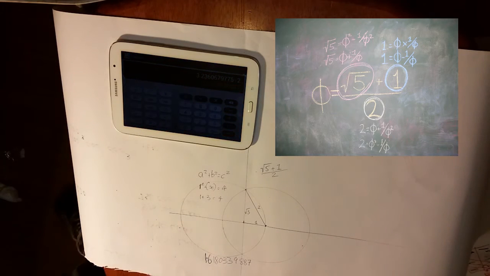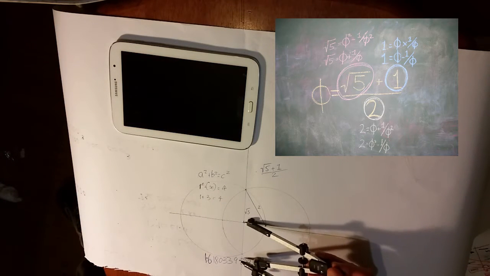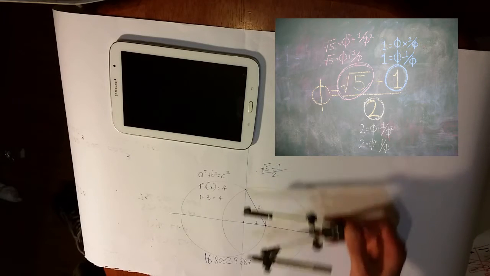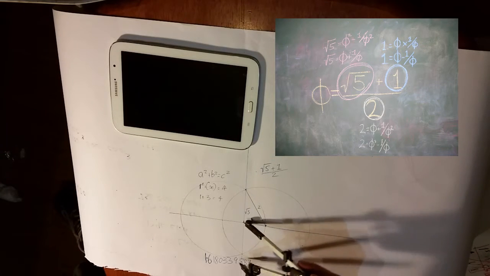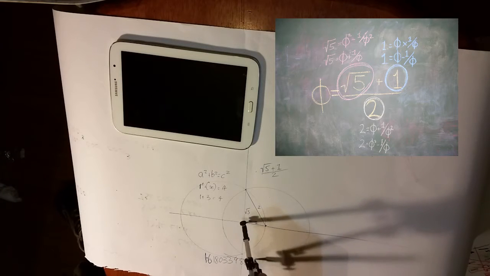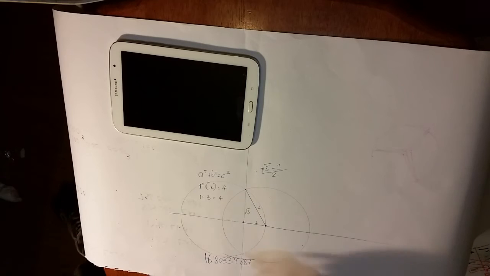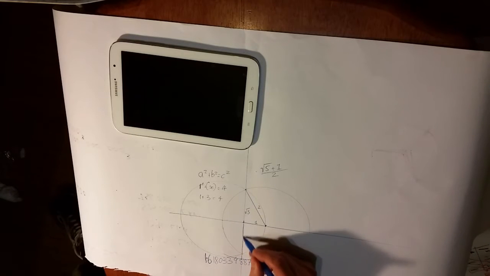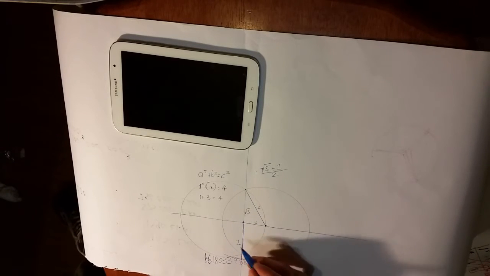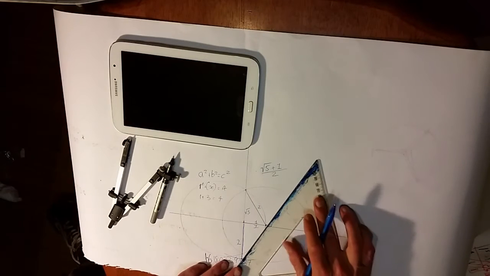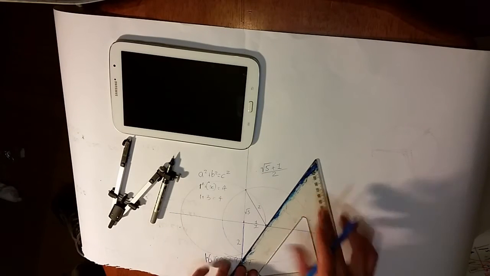So we still know that this distance by definition is 2. I'm going to draw just a little bit of an arc there, so this distance is 2, this distance remains 1, and the diagonal now would be the square root of 5.